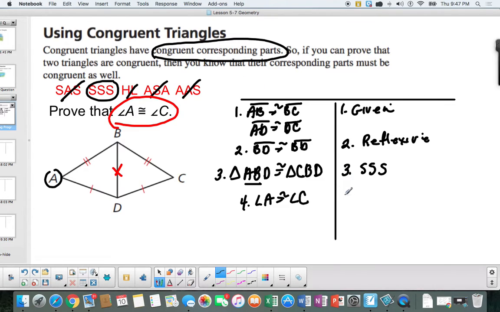And the way we write this is we say corresponding parts, that refers to the angle A and angle C, of congruent triangles.